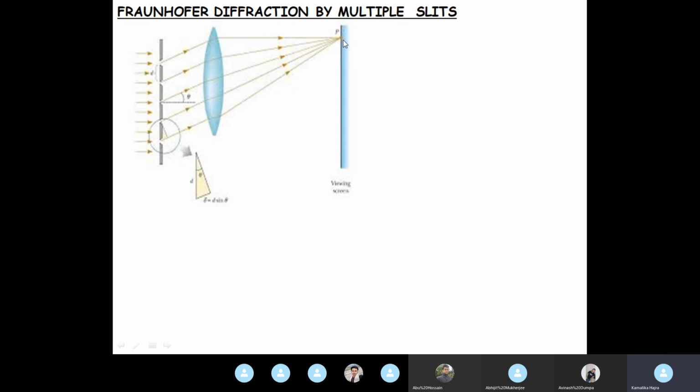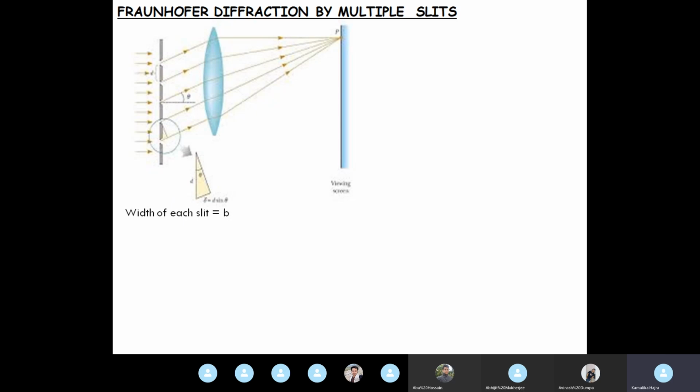And in this way, the different beams of parallel rays which are diffracted at different values of theta will likewise be converged to different points on the screen, and depending on the value of theta, we'll see what the condition of maxima, minima, and what in general the intensity curve will be.